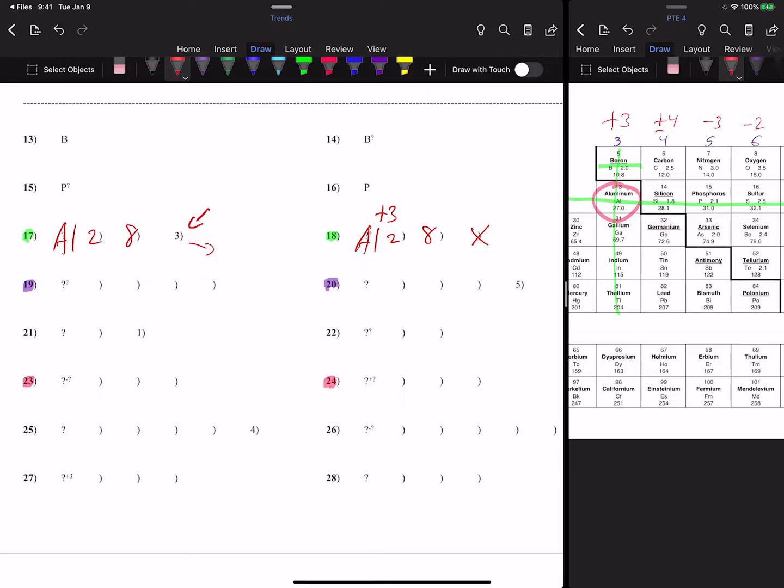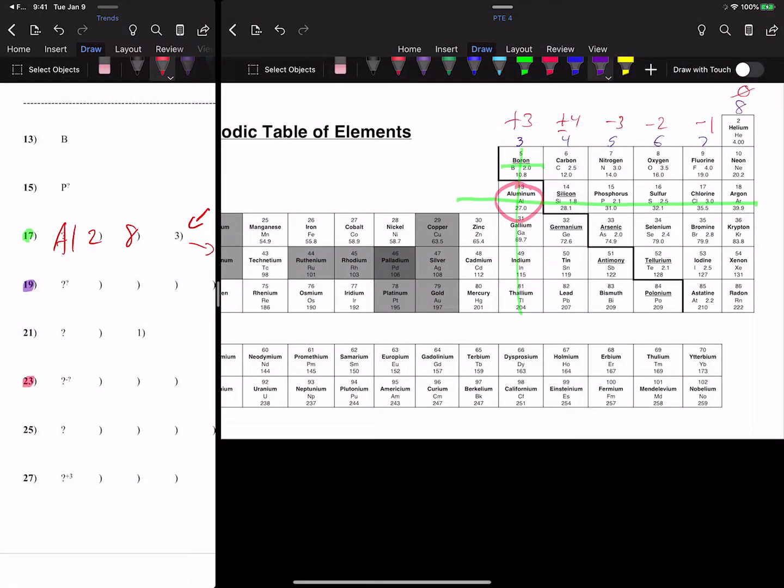Well, let's move on to the next set. 19 and 20. So number 20, I see that it's in period 4, group 5. So on the table, group 5, period 1, 2, 3, 4. It's arsenic, As.